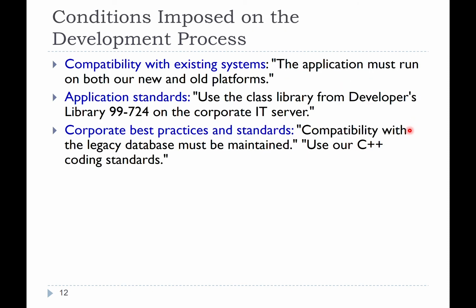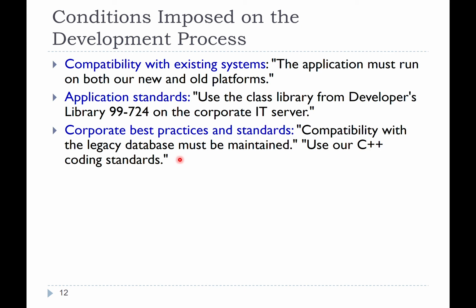Okay. Some of those design requirements could be compatibility with existing systems. Okay, so you've got to be able to run on the new and the old platform. Certain application standards coming in from the developers library 99724, for example, and maybe a corporate best practice.